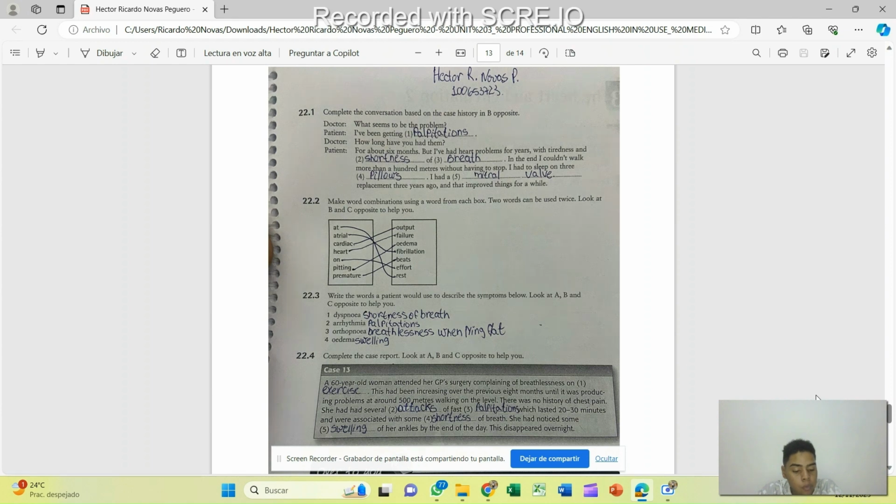I have to sleep on 3 pillows. I got a mitral valve replacement 3 years ago, and that improved things for a while.